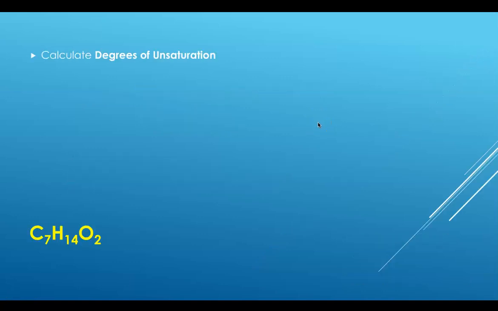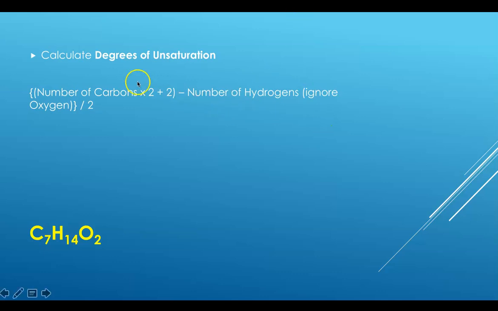The first thing that we need to do is calculate the degrees of unsaturation for this molecule. There are several formulas, but we're going to multiply the number of carbons by 2 and add 2 to give us the number of hydrogens that would be typical of a saturated alkane.